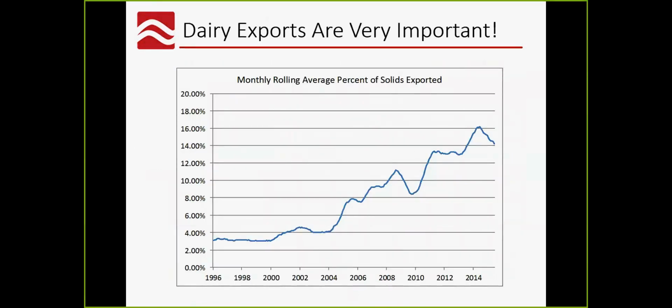So dairy exports are very important. This is 2015 here. In the last little better than a year, we've seen almost a 2% drop. This is the percentage of milk production that we're exporting, as percent of solids anyway, which is what we export. It went from 16% in early 2014 when China was buying lots and lots of powders, and China backed out of the market.